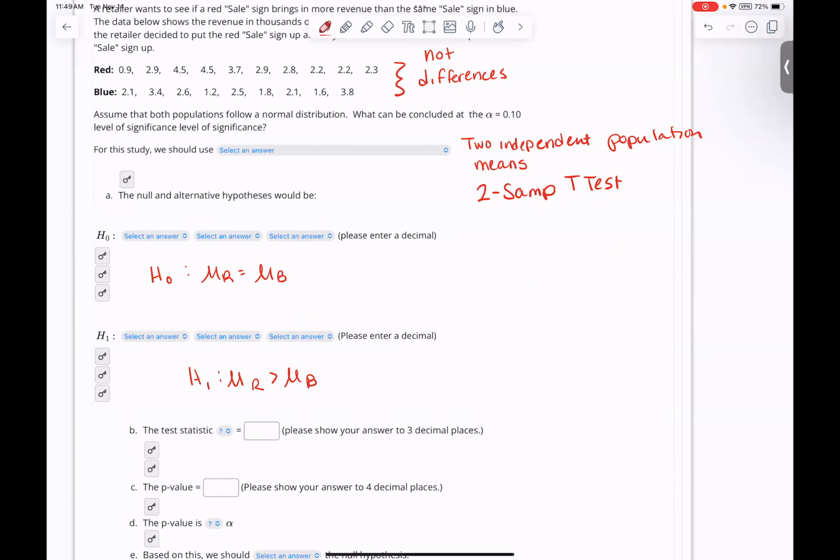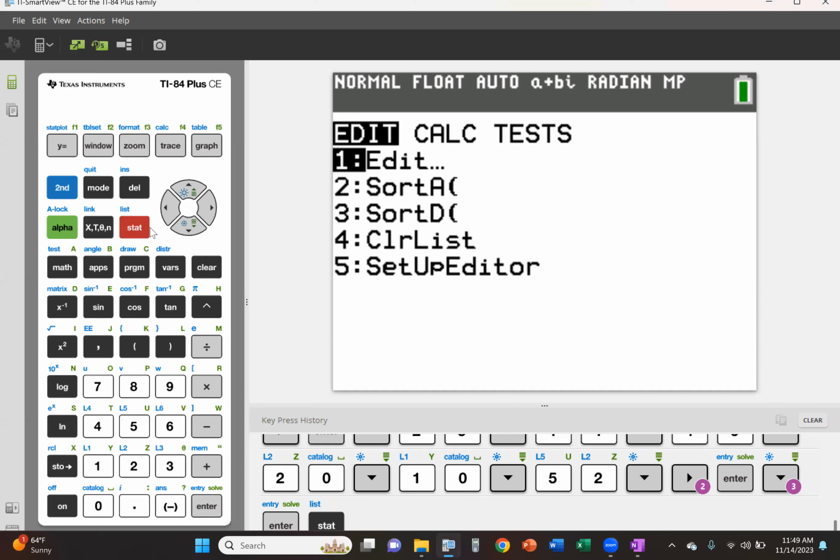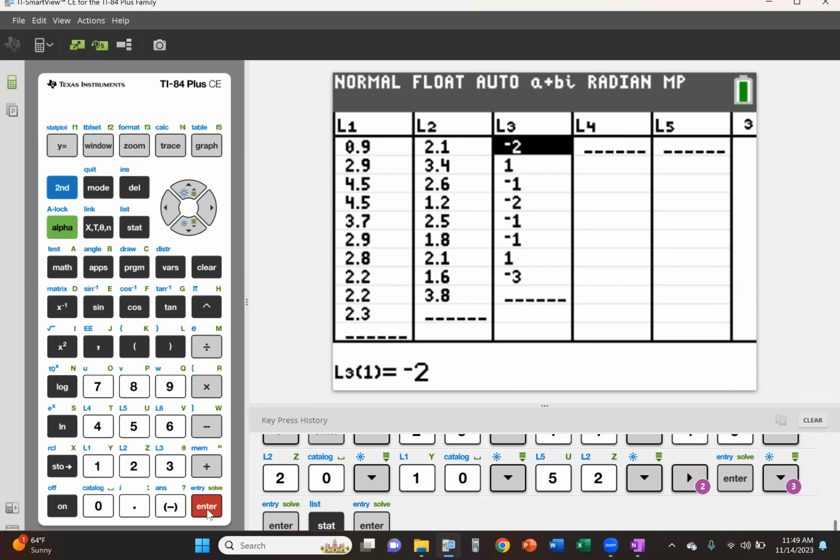And I believe the test actually uses mu1 and mu2, which is fine because I'm going to put red in a list and blue in a list, and then run the two sample t-test. I do already have this data in L1 and L2.